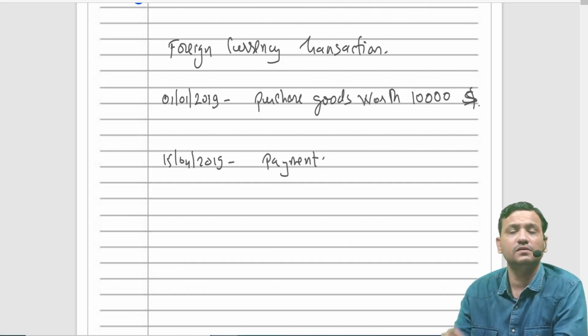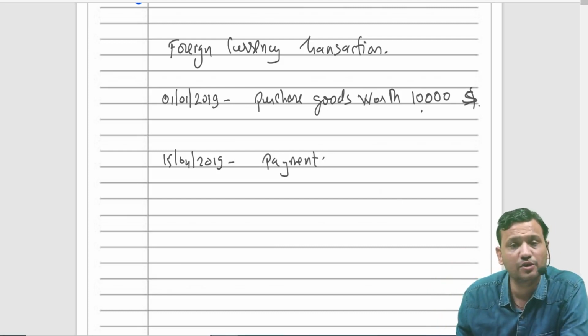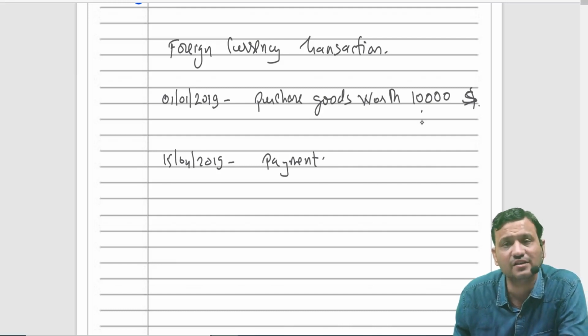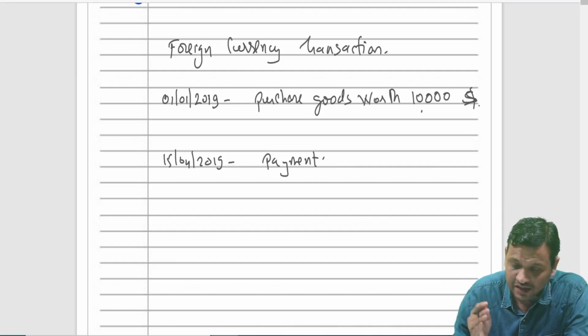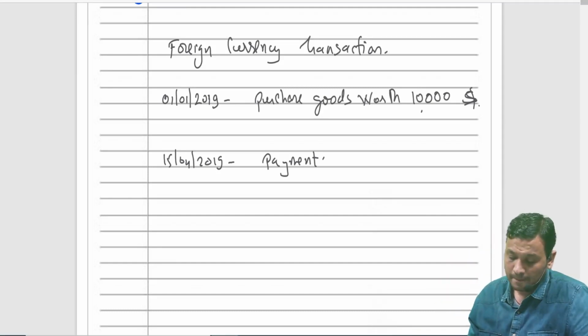Now friends, if I'm purchasing goods worth $10,000 on 1st January 2019, so what happens on 1st January 2019, I have to recognize the transaction at the initial recognition rate. Nothing but the exchange rate on the date of transaction is the initial recognition rate.